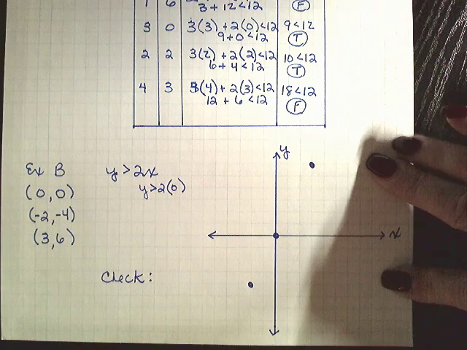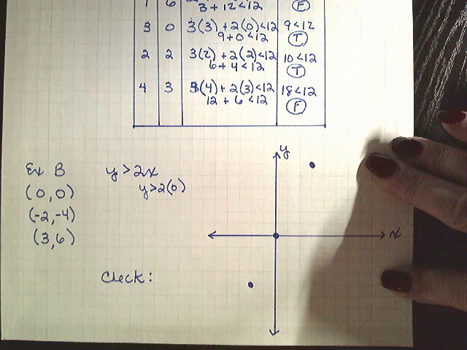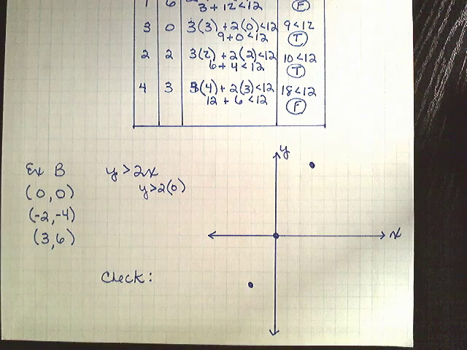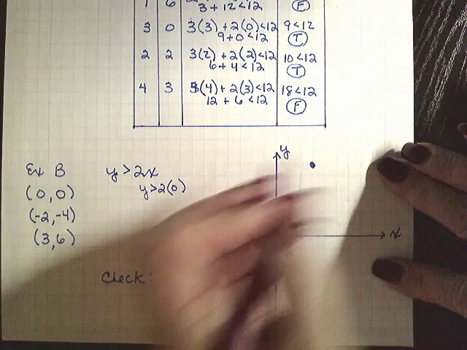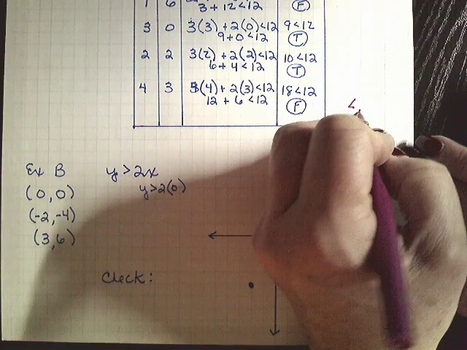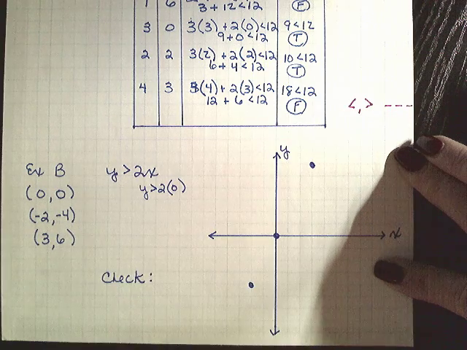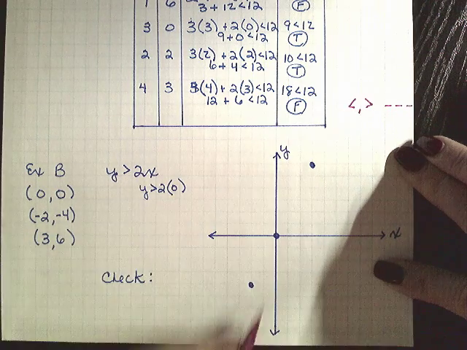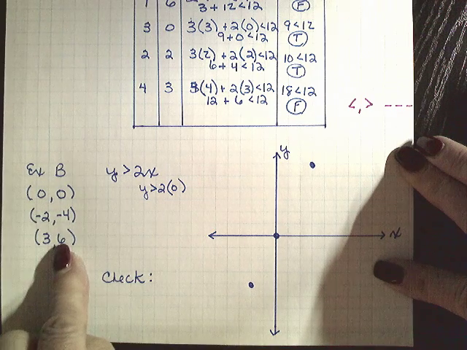Okay, now here's what's important when we're talking about inequalities. There are different types of lines that we are going to talk about, boundary lines. If it's less than or greater than, you are going to have a dotted line because that boundary line does not include the points that are on the line.